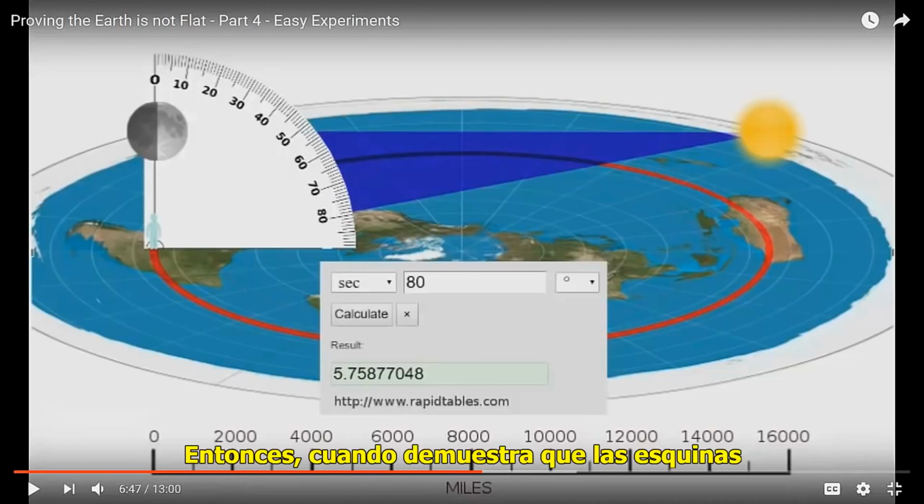So when he then demonstrates that the angles from his two-dimensional external frame of reference do not match what we should see according to the globe Earth way of looking at things, he is completely misrepresenting the way we actually see it.